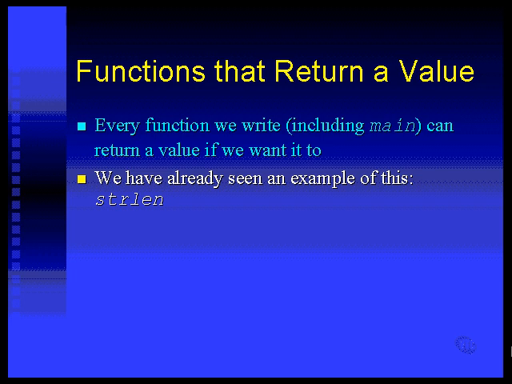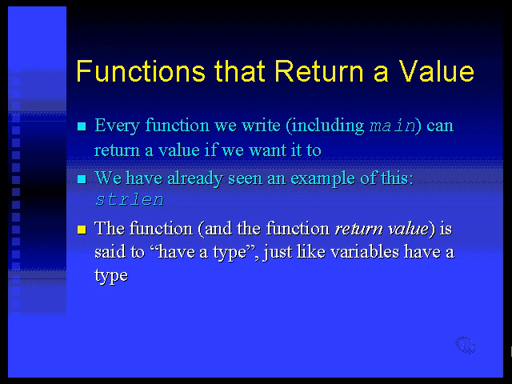Okay, so now before we can actually go about coding this, we have to get some terminology right. We say that the function has a type, just like a variable has a type. When you declare a variable, you declare it to have a type of, say, integer, or float, or double, or char, or anything you like. Well, it works exactly the same way with functions. When you declare a function, you also have to specify the type of the function.